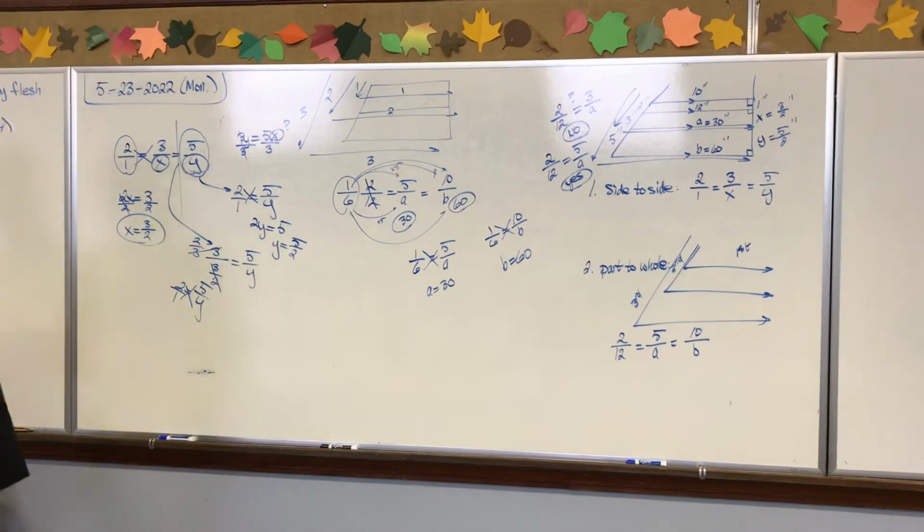can anybody give me the left-hand side of the top layer? 2. Can anybody give me the left-hand side of the bottom layer just by itself? 4. How do you get that? Subtraction. Now you can do part to whole. Or side to side, rather. Yeah. There's another way you could do it. They're looking for the entire right side. So what's the entire left side? 6. Is there something that would match up the bottom?